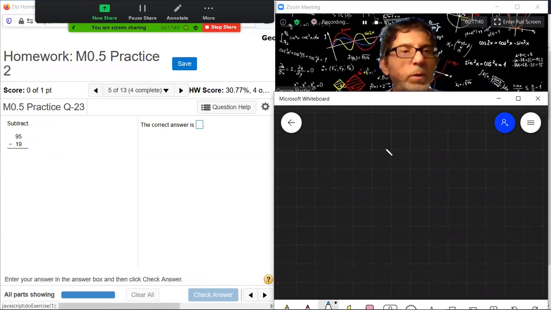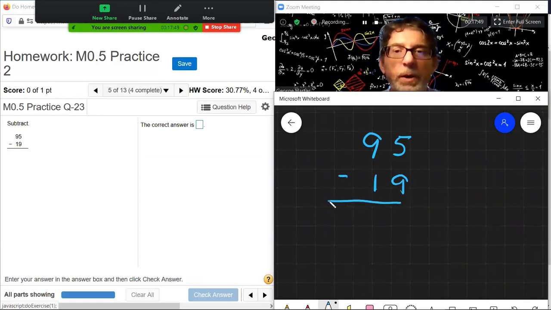Okay, so now we're going to start borrowing. We have to borrow for some of these problems coming up. And the reason we have to borrow is because we have 5 minus 9. If the top number is smaller than the bottom number, we have to borrow. So we borrow from the next digit to the left.